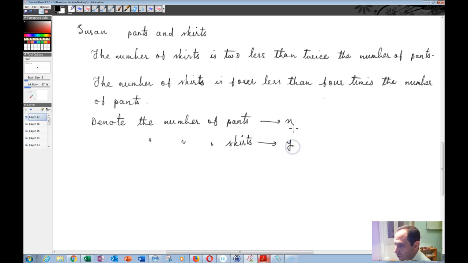You can essentially take any other two variables, for example a, b, or c, d, or whatever you want to choose.